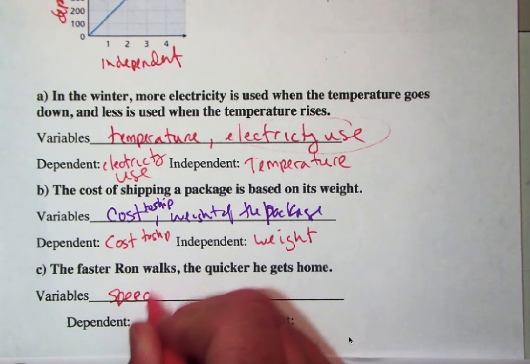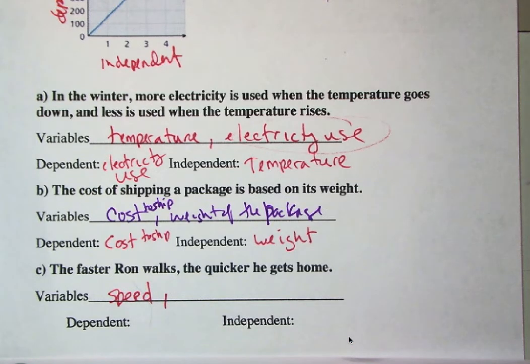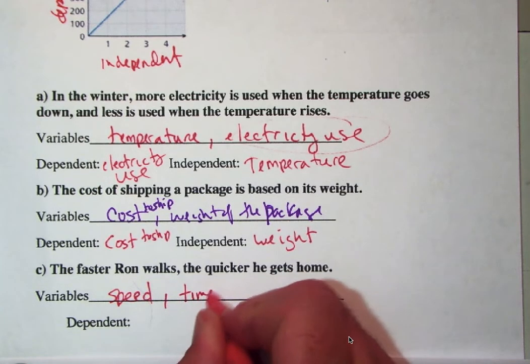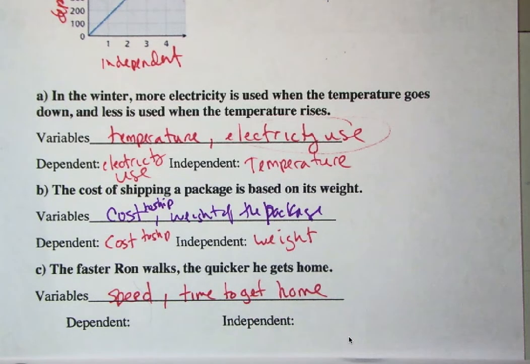So speed definitely can change, right? And what else changes? Time to get home. All right, now say it to yourself. Put "depends on" between them, and let's decide.